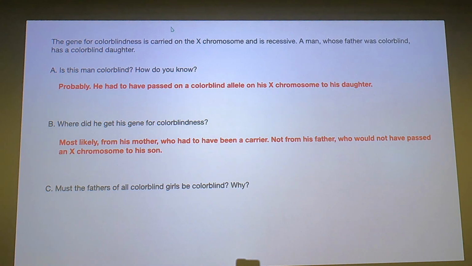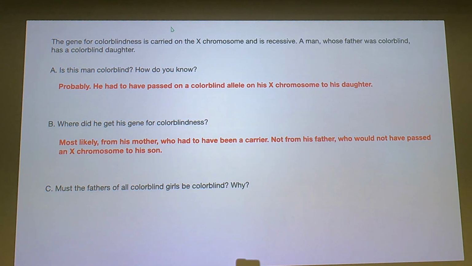All right, must the fathers of all colorblind girls be colorblind, and why? Don't be shy. Unless a weird mutation happens, yes. Okay, yeah, there is the possibility of mutation.